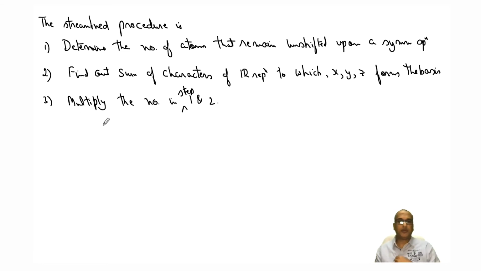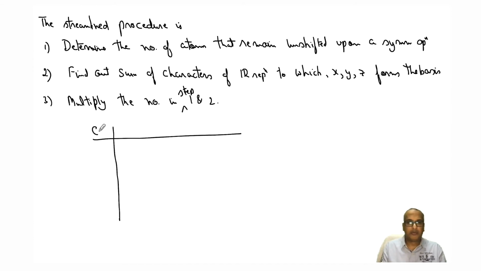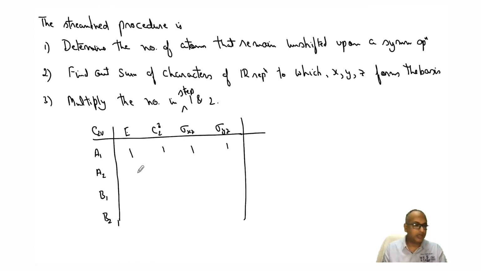Okay, so now let us see, for that we need to write down the character table of C2v. So E, C2z, sigma xz, sigma yz. So we have A1, A2, B1, B2. You have all positives for A1. For A2 you have both sigmas negative.